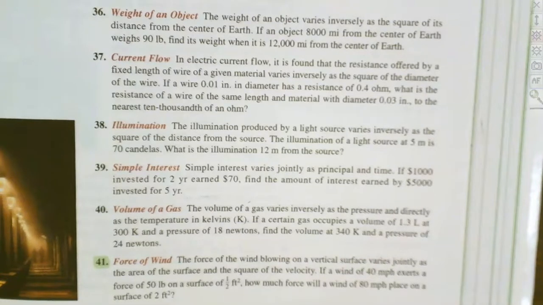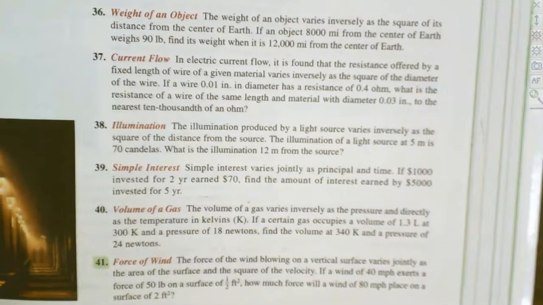So when we talk about electrical current, the larger diameter of the wire, the less resistance there is to the electrical current flow. It flows easier because there's more. So that's why they're inversely. So as you increase the diameter of the wire, your resistance goes down. So that's why one forces the other one to do the opposite.